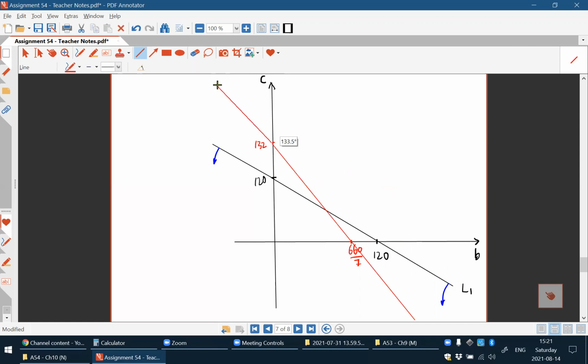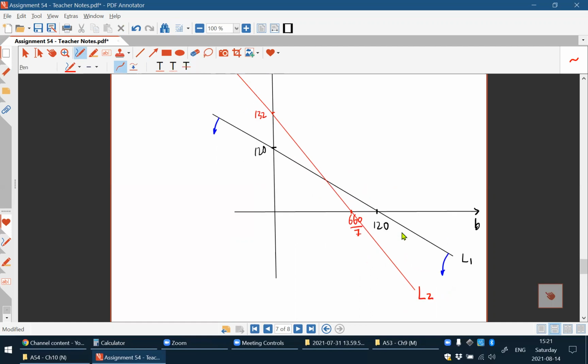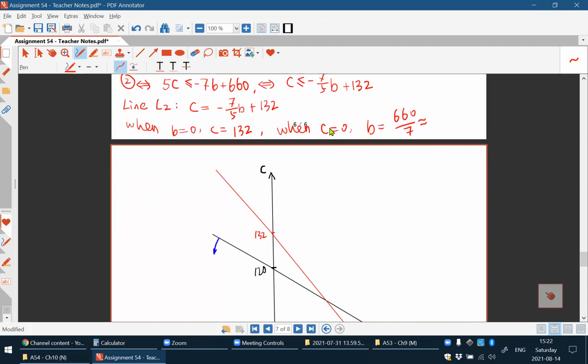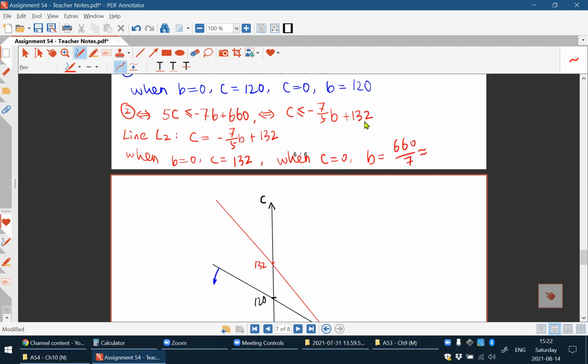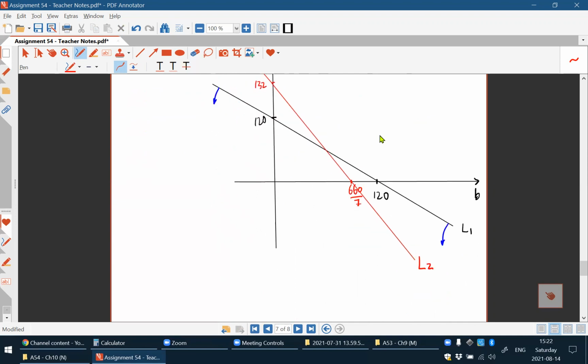All right, second line, L2. Also, according to the inequality, C is less than or equal to minus 7 over 5B plus 132. That means the area is under this line as well.